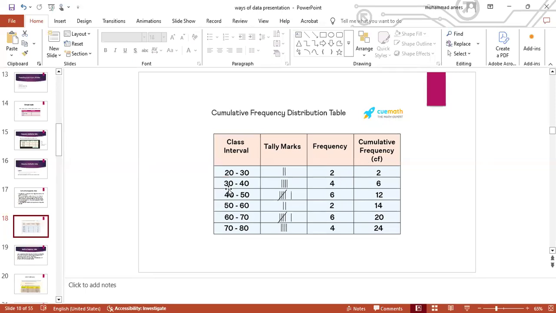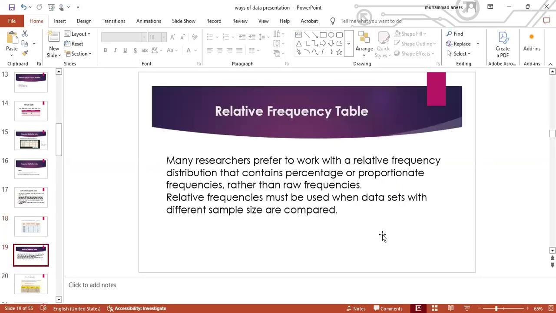But in the case of the second class interval, which is 30 to 40, the cumulative frequency becomes 6, which is the addition of 4 and 2, 4 plus 2. Similarly, by adding this 6 to this 6, we get 12. And this goes on.